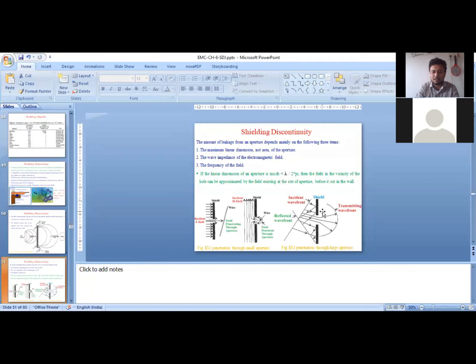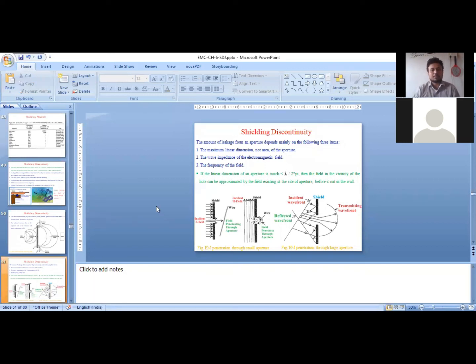And if the diameter of the perforated hole in the shield is large enough, you can see a lot of energy getting passed through that area where there is no metal, and that energy can directly damage the receiving device or directly affect its performance.